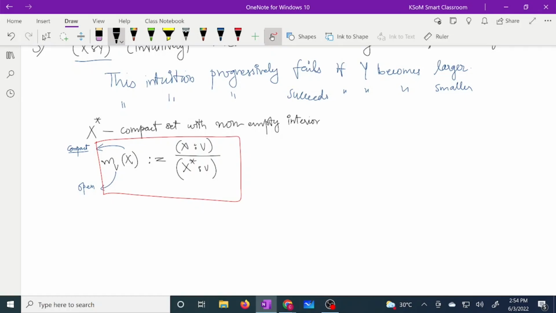So we expect this ratio to approach some limit, and we expect this ratio in the limit to give us some form of measure. So that is our guess, right?